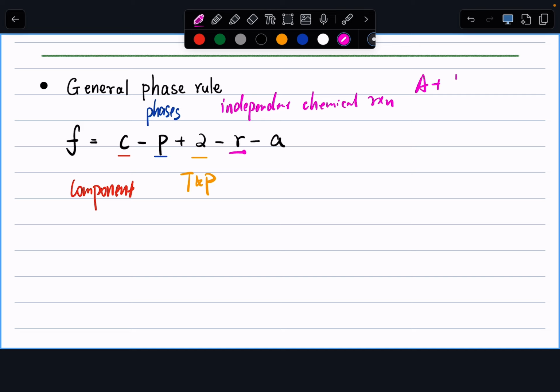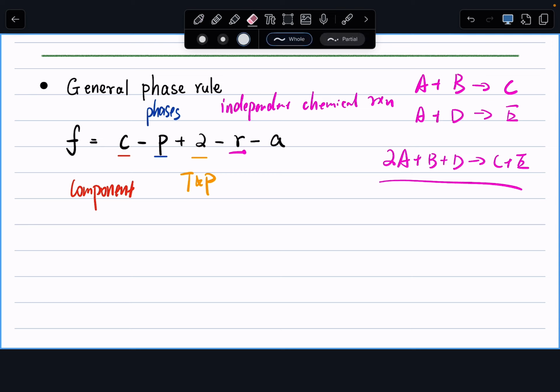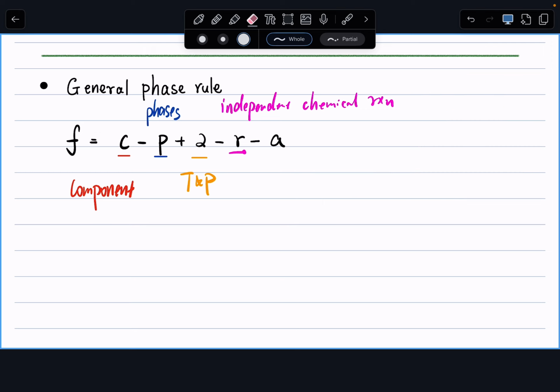For example, what if we have A plus B goes to C, and then A plus D goes to E, and then we have a new reaction, 2A plus B plus D goes to C plus E. Now this is not a real independent reaction, it's a sum of the other two reactions. And then we have our additional factor. So this is specific.